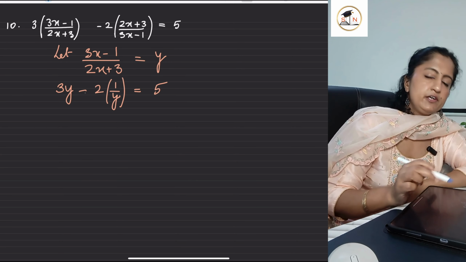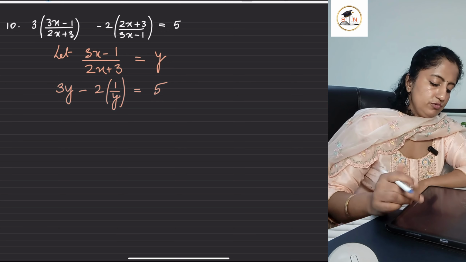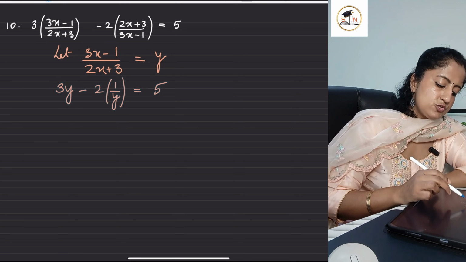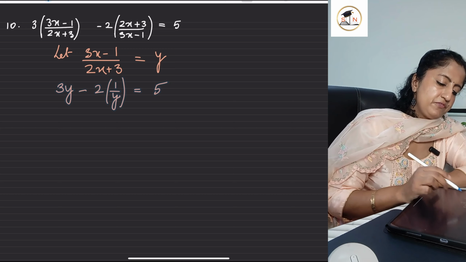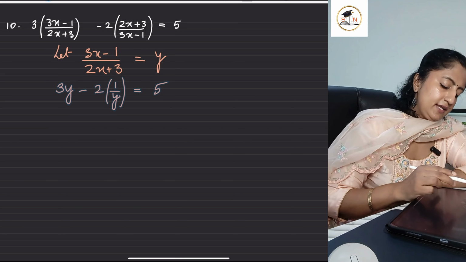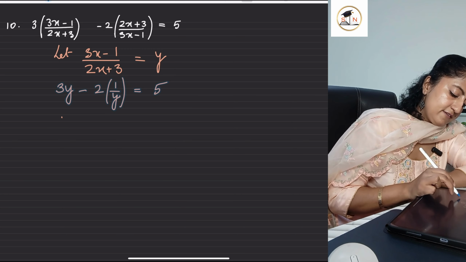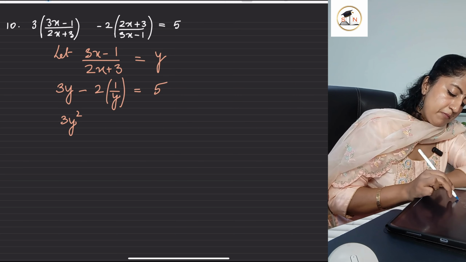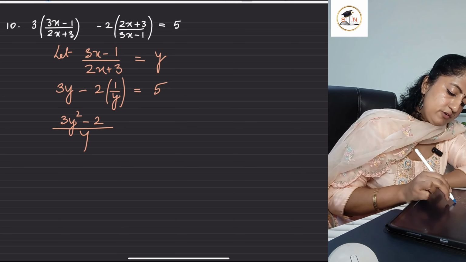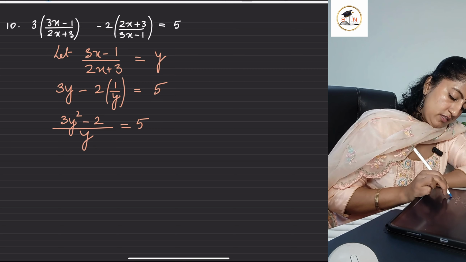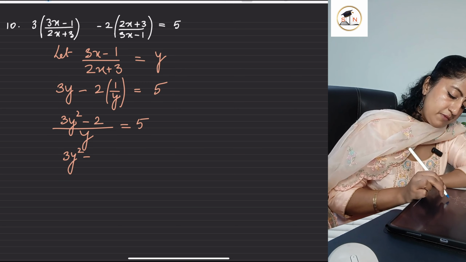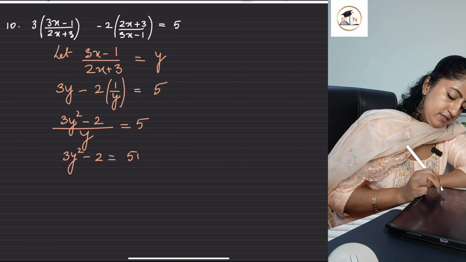See what we have reduced the whole bigger portion to. It is just 3y minus 2 over y equals 5. So now at this stage, I will take the LCM. And that gives me 3y square minus 2, whole over y equals 5. Now simplifying, 3y square minus 2 equals 5y.